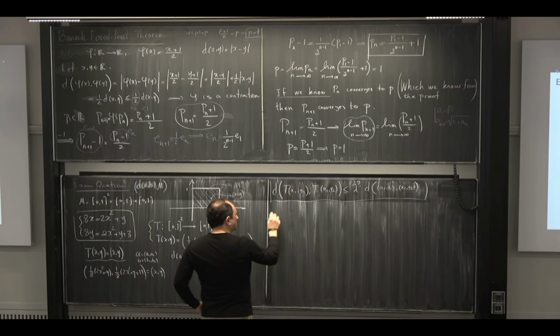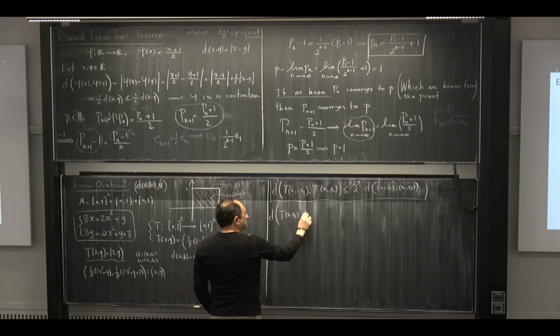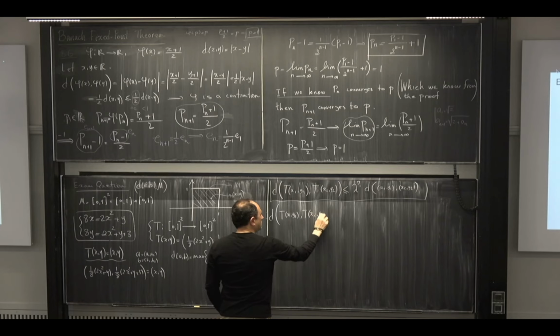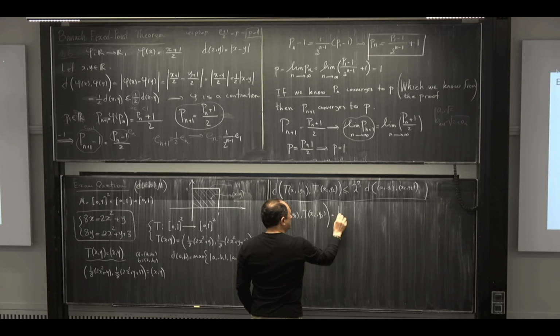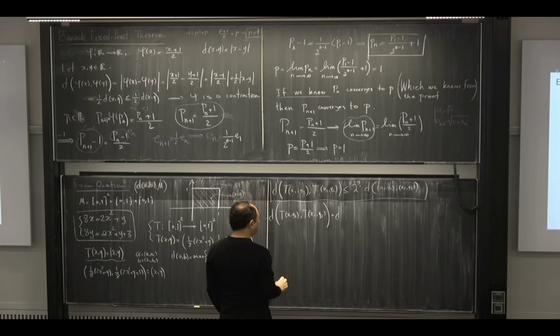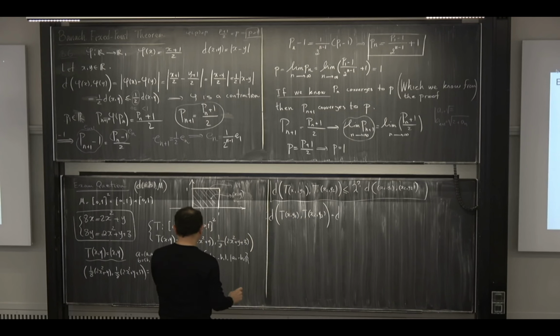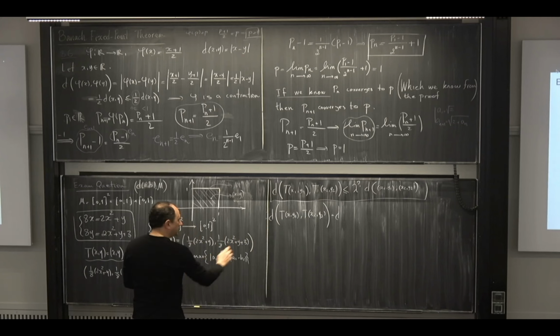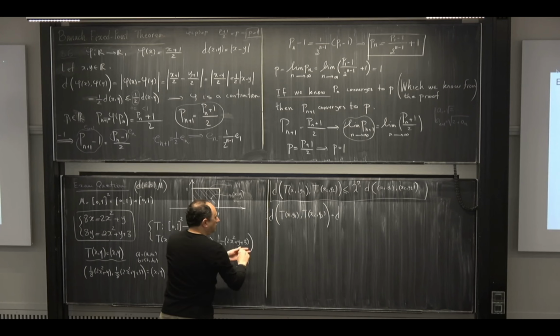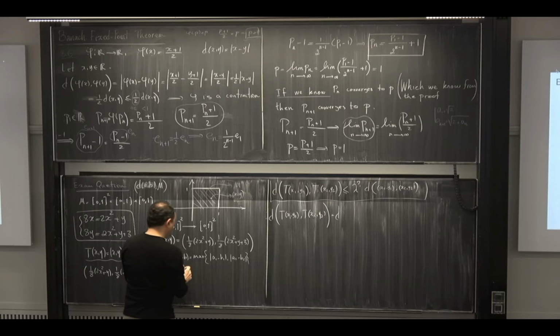So let us do d(T(x1, y1), T(x2, y2)) is equal to. Let me write the formulas here instead of these two. It is a little bit complicated, but it is not hard. T(x1, y1), I replace x1 and y1 in this formula.